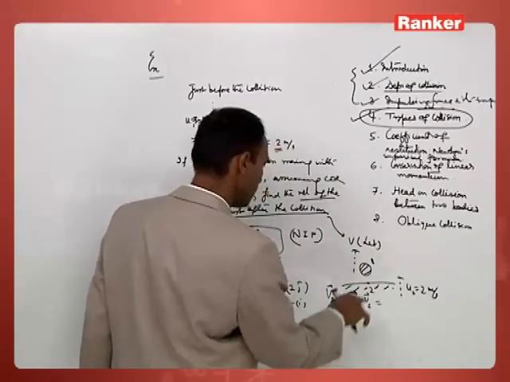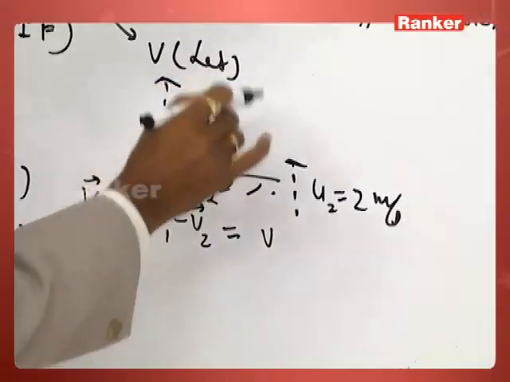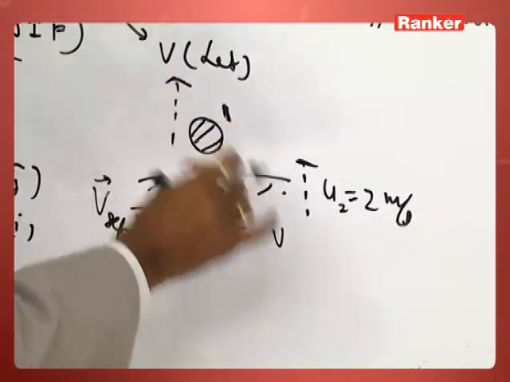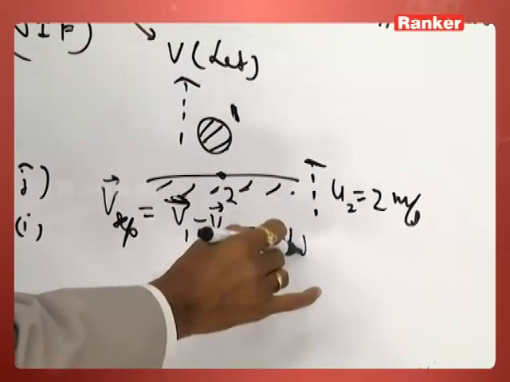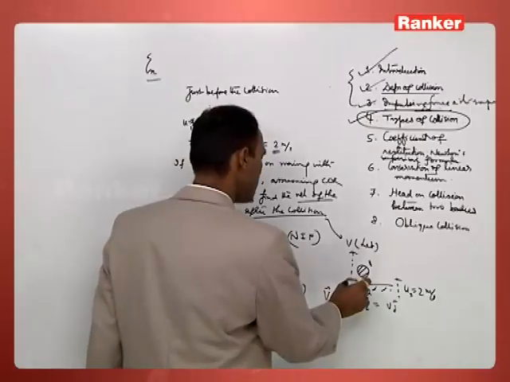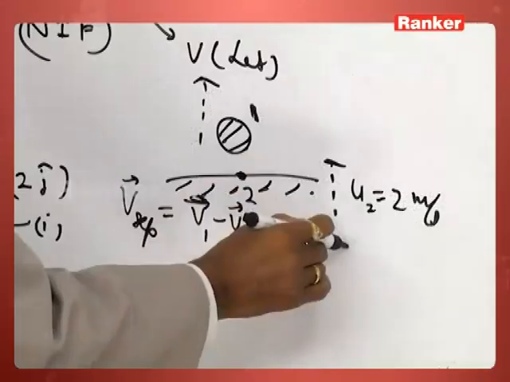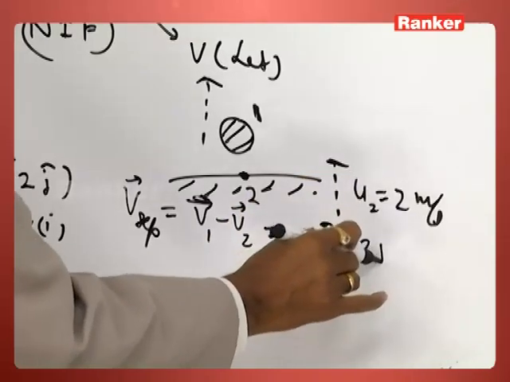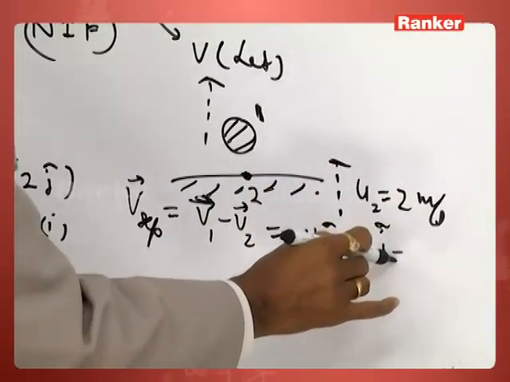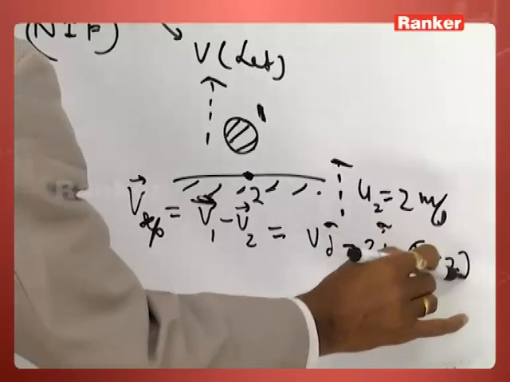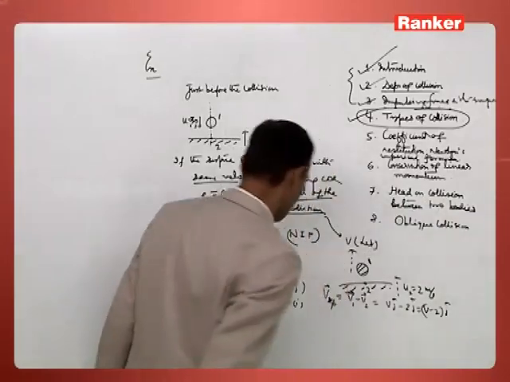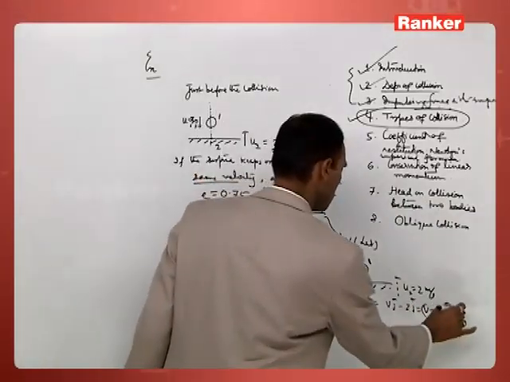What is v1? Let it be v, and we have assumed it is v j. The velocity of the second object is 2 j. So you get v minus 2 meters per second. This is equation number 2.